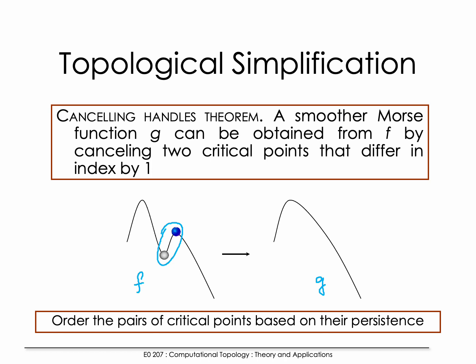So in today's class, we saw how persistence can be defined within the context of Morse functions, and specifically looking at the cycles that are created and destroyed during a sweep of the domain.